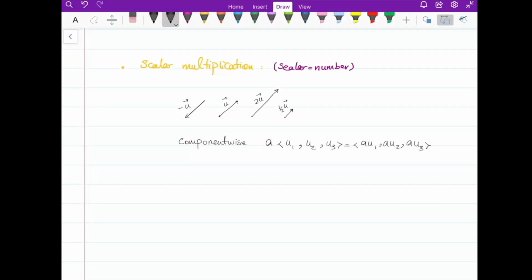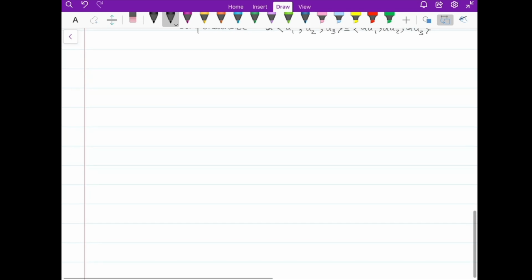Okay, good. Let's talk about the magnitude of every vector, or basically the length of the vector. So magnitude, if we have a vector u, we're gonna see what is the length of u.